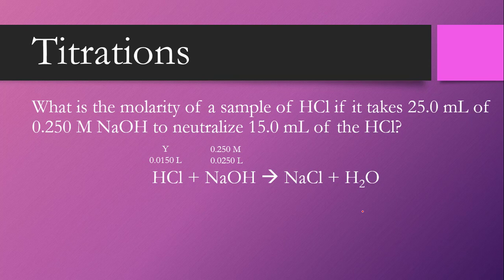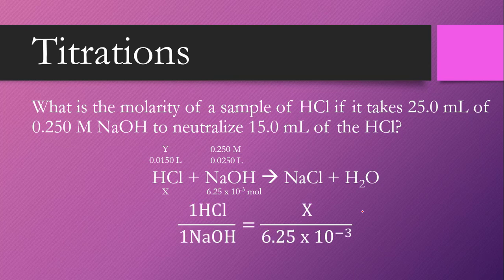When I do my calculations, I see that I have 6.25 times 10 to the minus 3 moles of sodium hydroxide, and I don't know the number of moles of hydrochloric acid. Now I set up my mole ratio, which happens to be 1 to 1. So when I do my cross multiplication and divide, I get 6.25 times 10 to the minus 3 moles of hydrochloric acid.